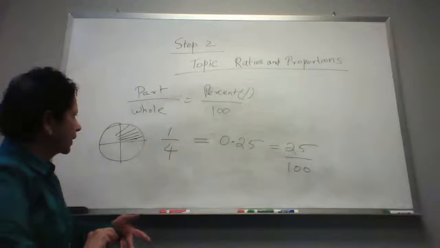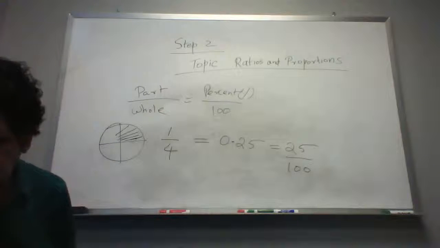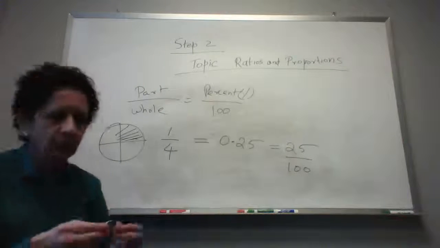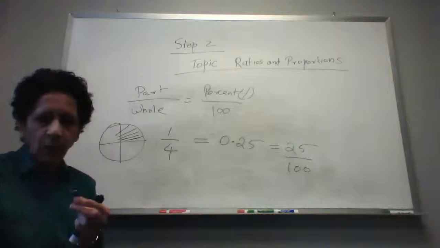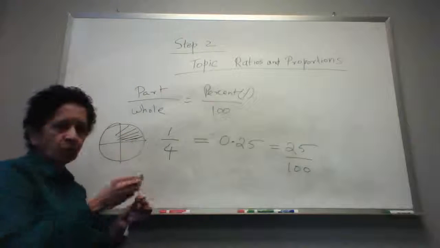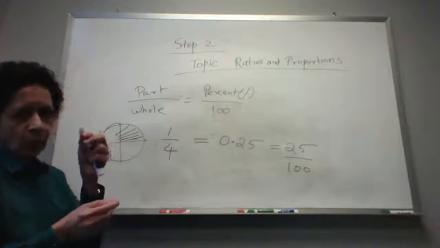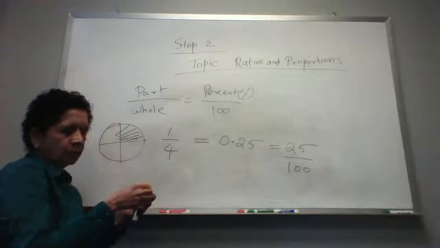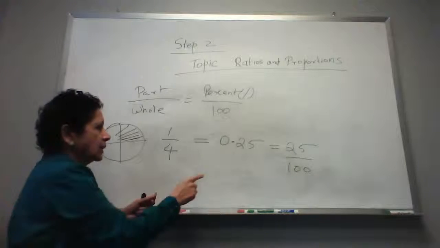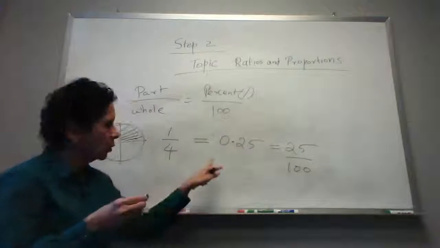Another example: let's say I've got $1, which is 4 quarters. You get 1 quarter, 1/4, so it's 1/4 of a dollar, and that is 25 cents, 0.25.